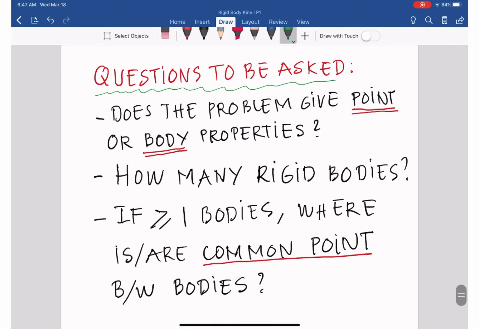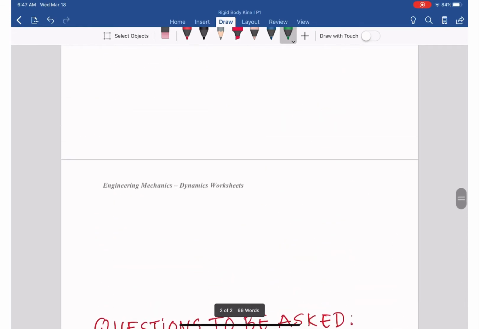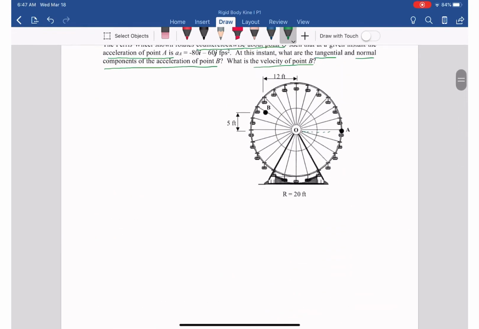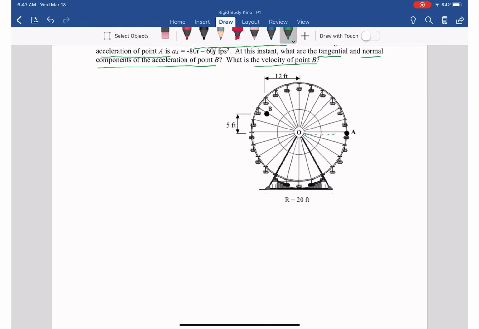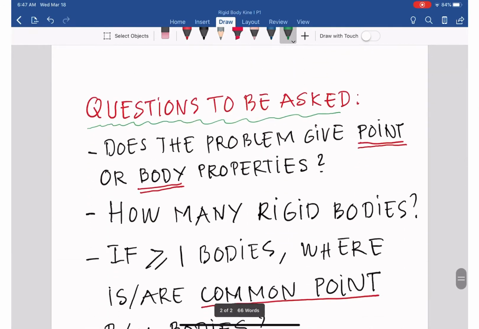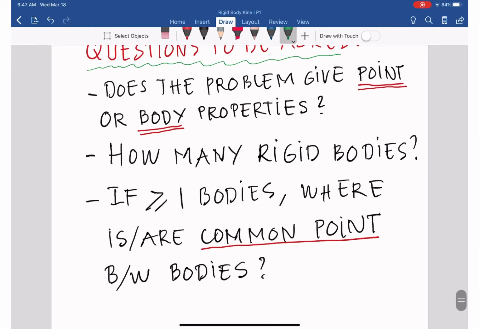And the next question you need to ask is, how many rigid bodies? How many in here? It's only one, the Ferris wheel. So it's good news, only one body. If the problem has two or more bodies, that is going to be problem two. You need to ask yourself, where is or are the common points between the bodies?